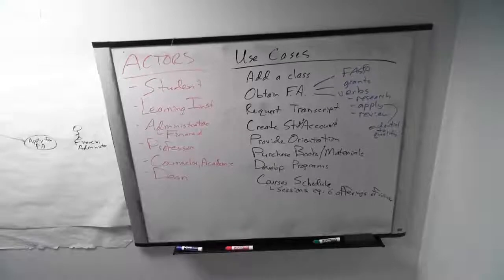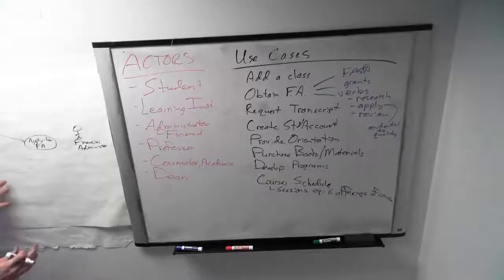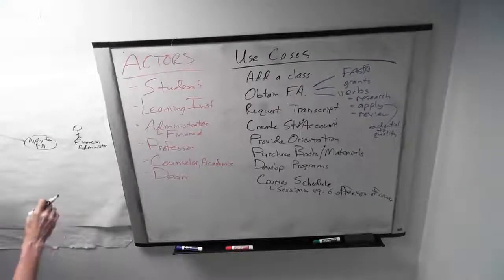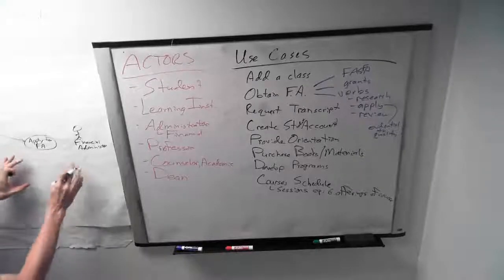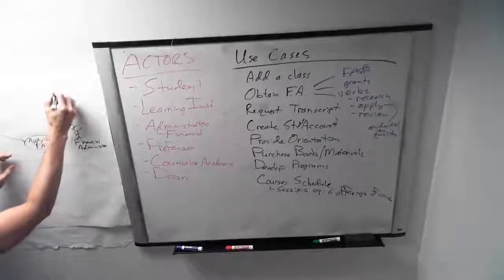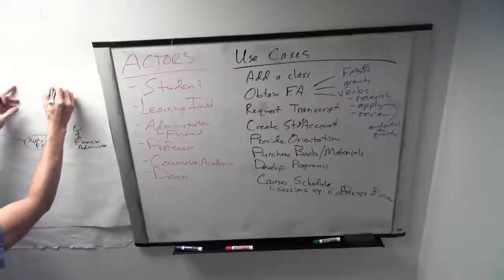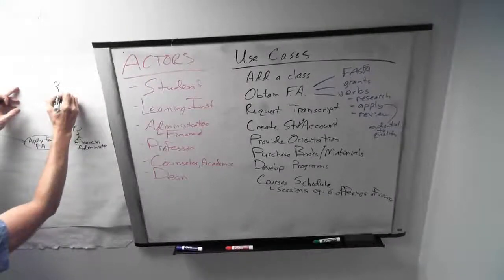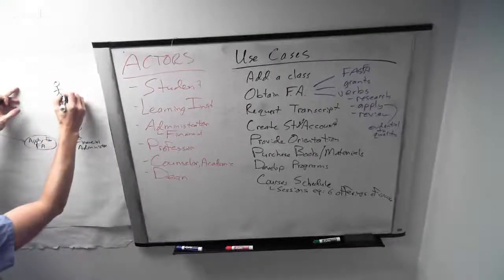I guess the system. I guess the financial system. Yeah, there'd be some type of financial system involved. So we can put a financial system in here. That still gets represented as a person.